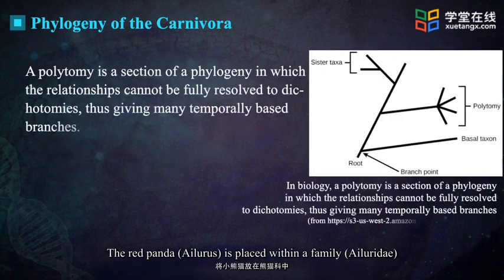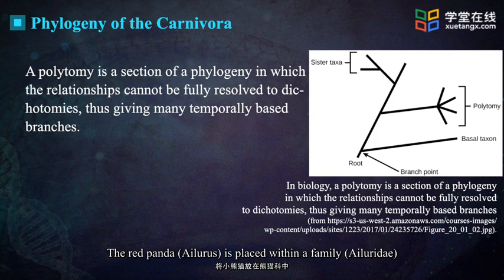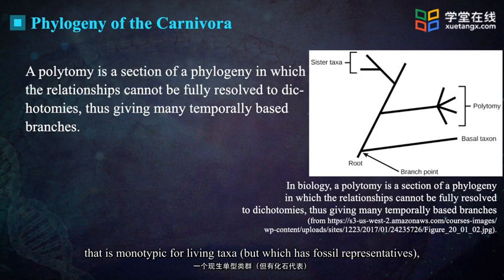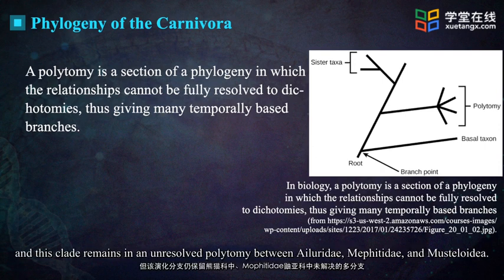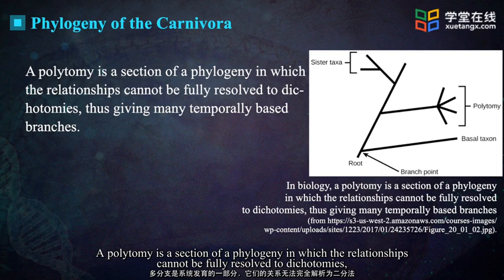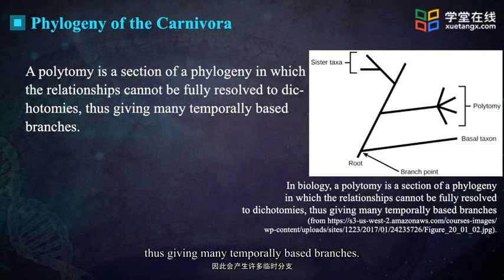The red panda, Ailurus, is placed within a family, Ailuridae, that is monotypic for living taxa, but which has fossil representatives, and this clade remains in an unresolved polytomy between Ailuridae, Mephitidae and Musteloidea. A polytomy is a section of a phylogeny in which the relationships cannot be fully resolved to dichotomies, thus giving many temporally based branches.